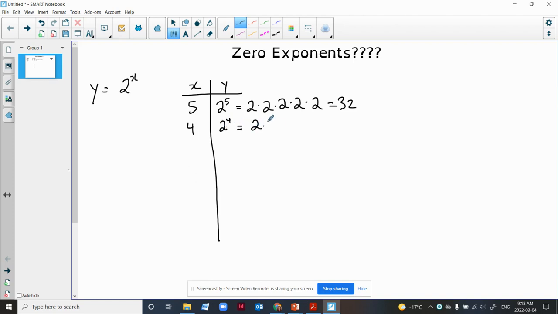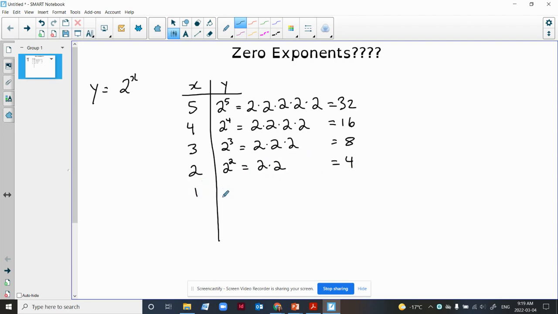Then let's do 2 to the 4th. That's 2 times 2 times 2 times 2, which is equal to 16. 2 to the 3rd is equal to 2 times 2 times 2, which is 8. 2 to the 2nd, 2 squared, if x is 2, is 2 times 2, which is equal to 4.